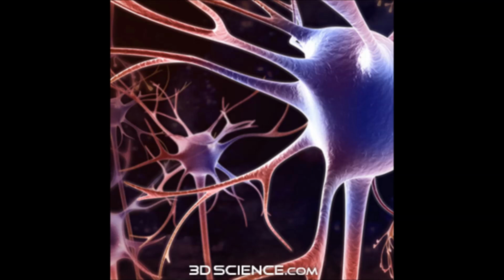One thing to note here is that this cribriform plate, this bone here, is a bone through which the axons of the receptor neurons, these guys here, have to pass to get to the olfactory bulb and make their synaptic connections.